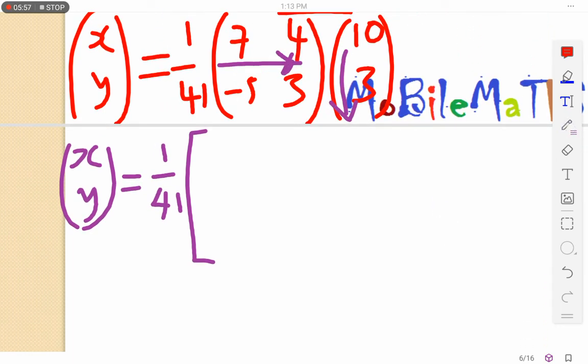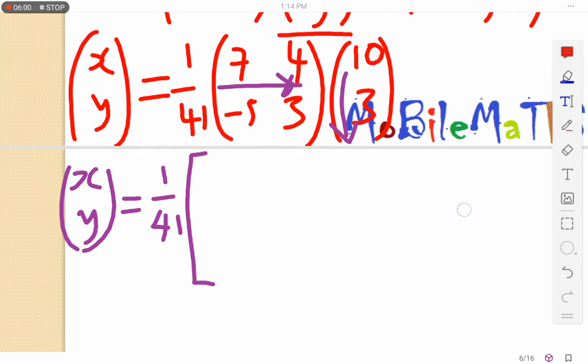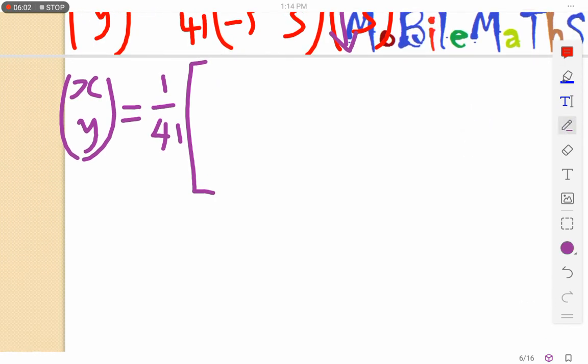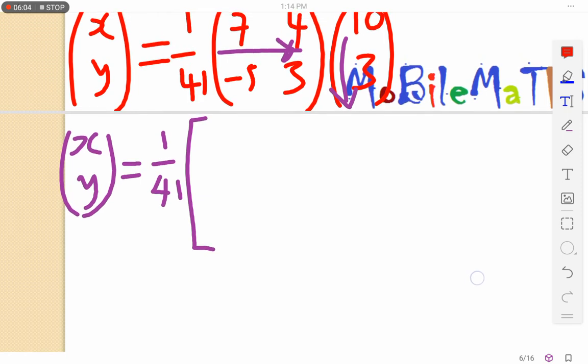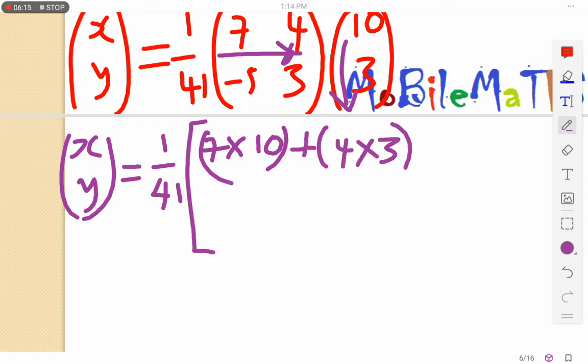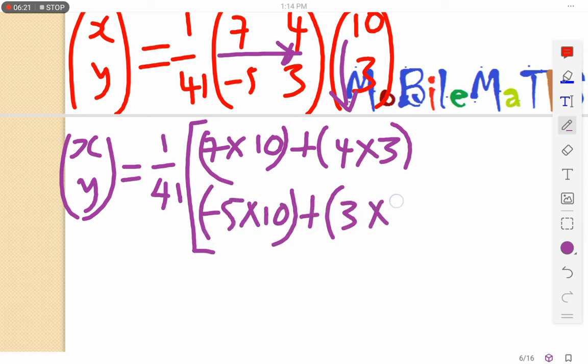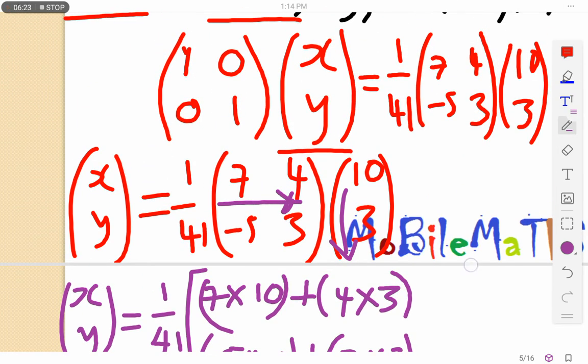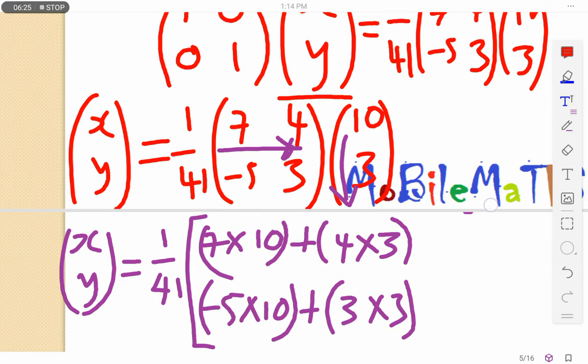Okay, so let's do that. If we do that, we'll get 7 by 10 plus 4 by 3, then -5 times 10 plus 3 by 3. Okay, so if we do that, let's simplify. What do we get?